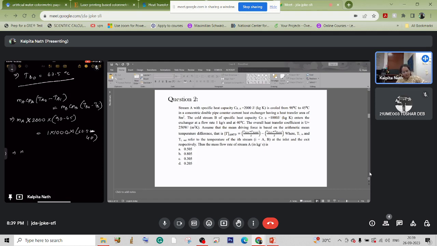So we'll get MA from here. This will be 0.305 kg per second. So this is option C.